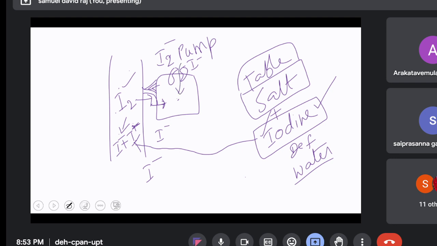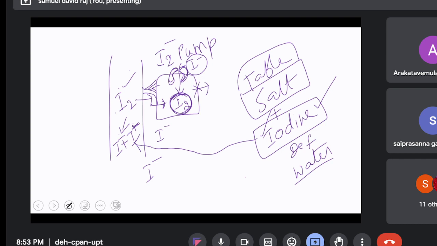Once iodide goes inside, it gets oxidized again to produce the iodine molecule so that it cannot come out of the cell. Why? Iodide channels can transport only the ionic form but not the molecular form.